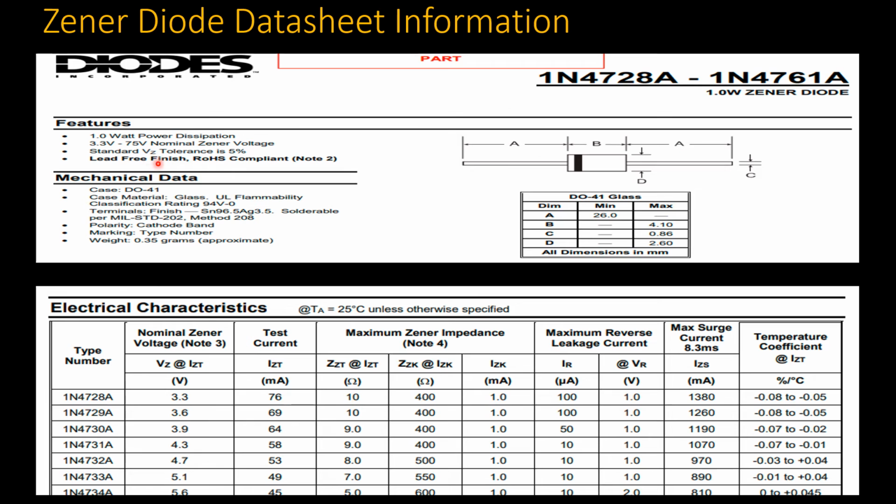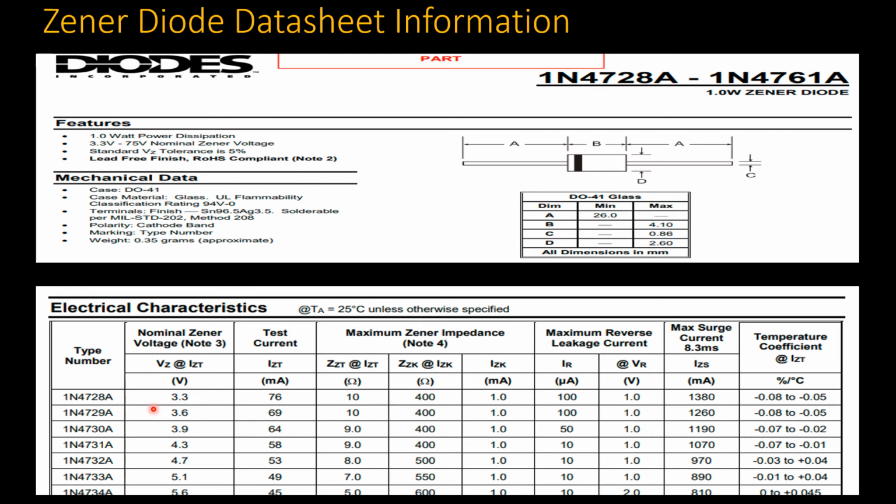If you look at the tolerance, these devices are plus or minus 5% tolerance devices. That means if we select a 3.3 volt Zener, it will work within plus or minus 5 percent of 3.3 volts.